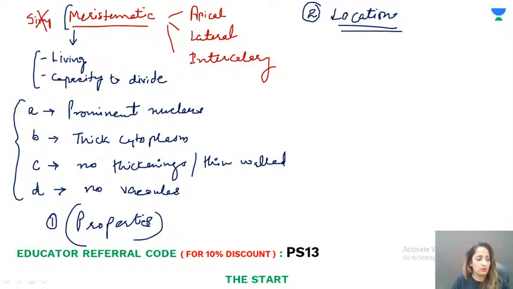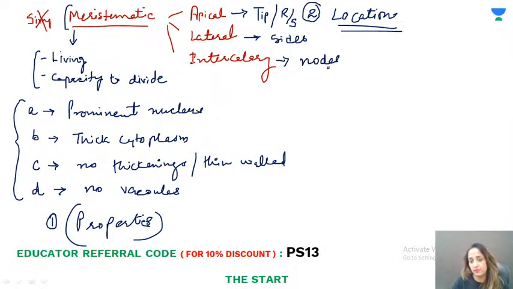So depending upon their location, we have apical, as the name suggests, at the tip of the root or tip of the shoot. Okay, lateral on the sides. I will explain intercalary, at the nodes. Okay, so this is what I have to explain now.